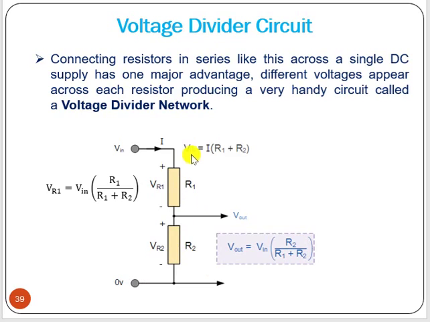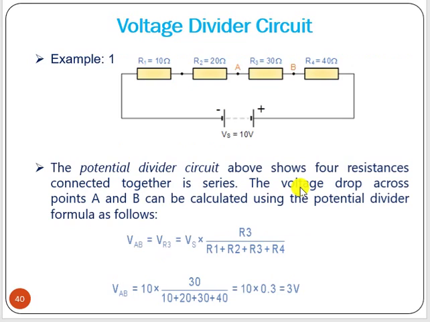Similarly, what is the voltage drop across R1? VR1, the voltage drop across R1, equals the input or total voltage multiplied by the same branch resistance across which you have to find the voltage, R1, divided by R1 plus R2. So this formula you have to remember, and we can apply it here.